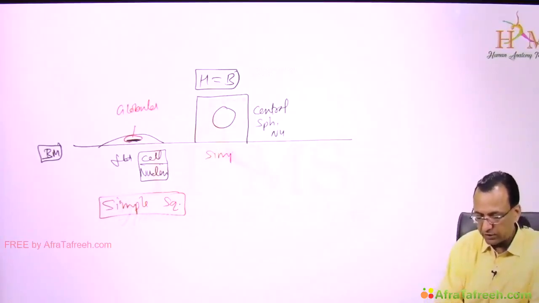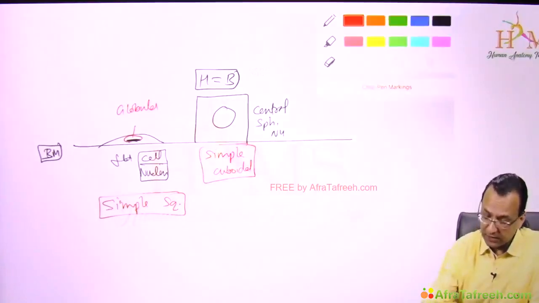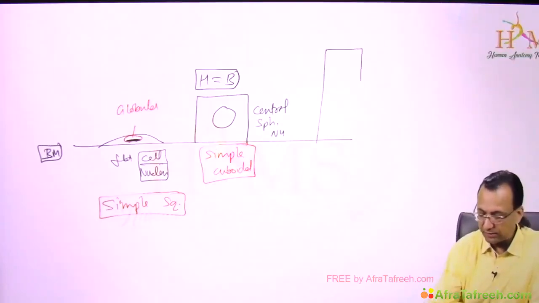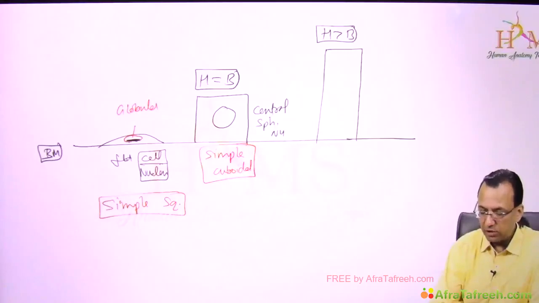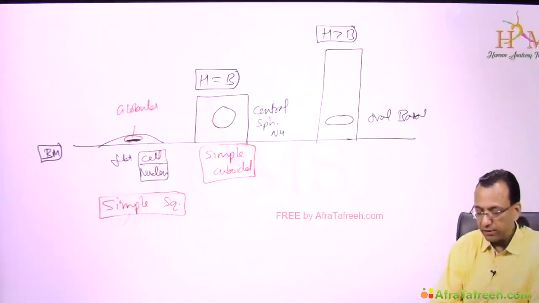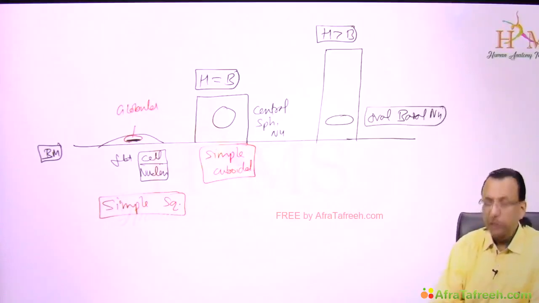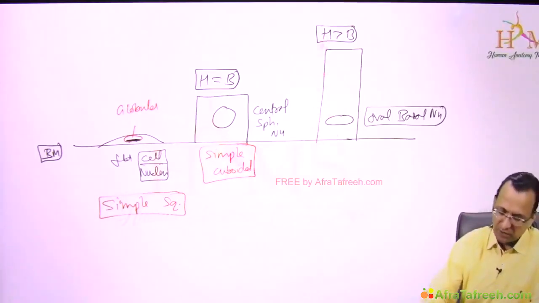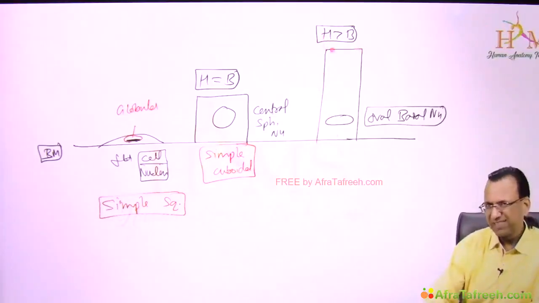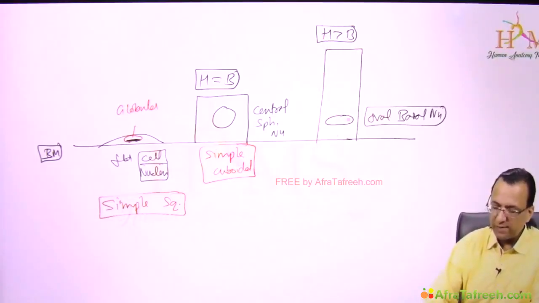Now, what about the simple columnar? That we'll see. This is height more than the breadth. What else? There is an oval basal nucleus. So now you have the height more than the breadth of the cell. Yes, breadth is less, and there's an oval basal nucleus.